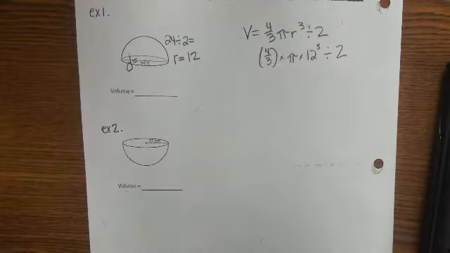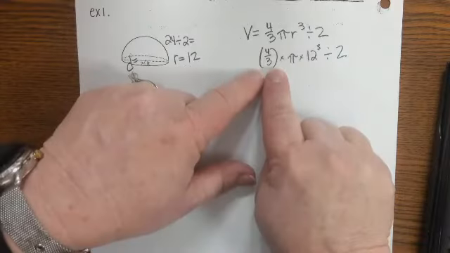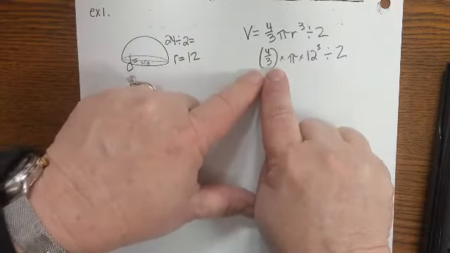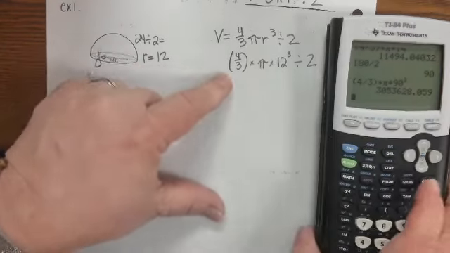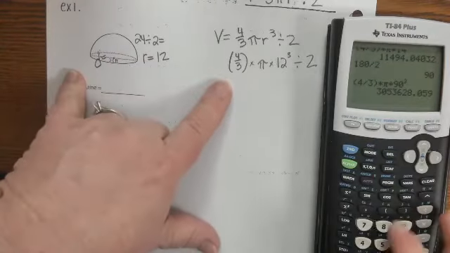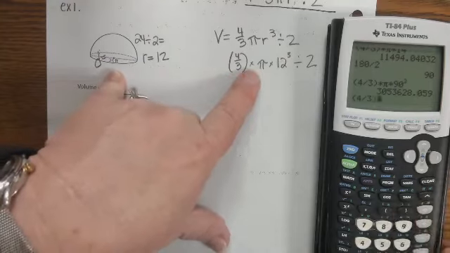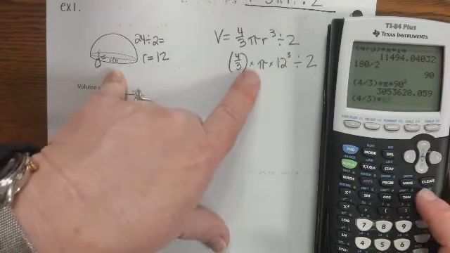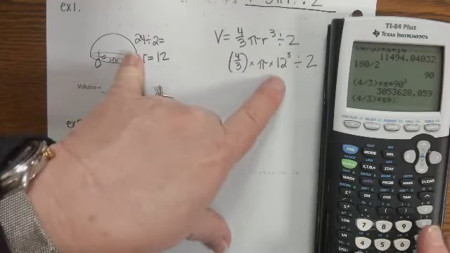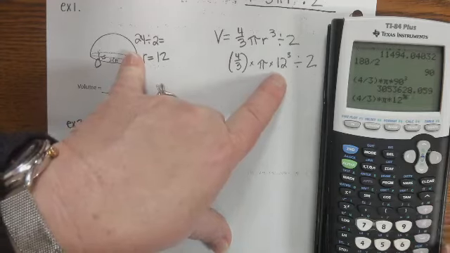Okay? And it works. The calculator knows what to do. As long as you put those parentheses in, you will get the correct answer. Okay? All right, because the calculator automatically does PEMDAS.